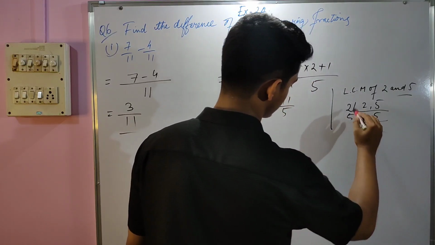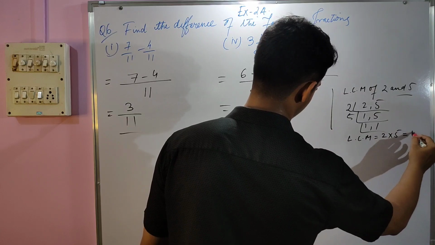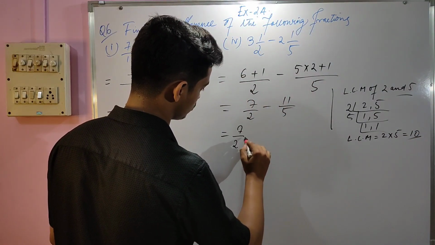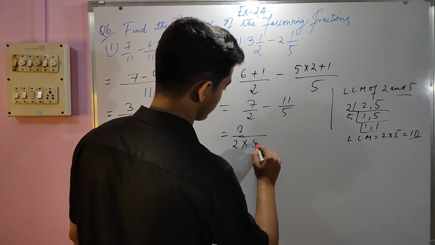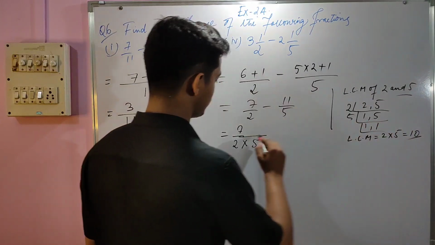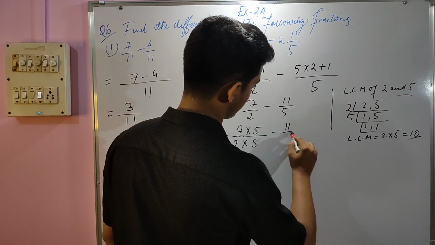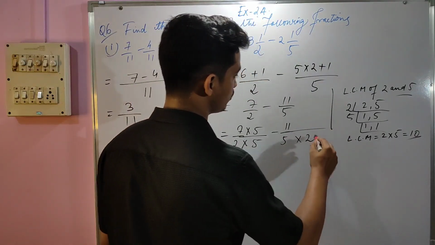So the answer is 5 into 2, which is 10 basically, right? So we have to convert this 7 by 2 into the equivalent fraction. 2 into 5 will give you 10 and 7 into 5, minus 11 by 5, just extend this by 5 into 2, which will give you 10.